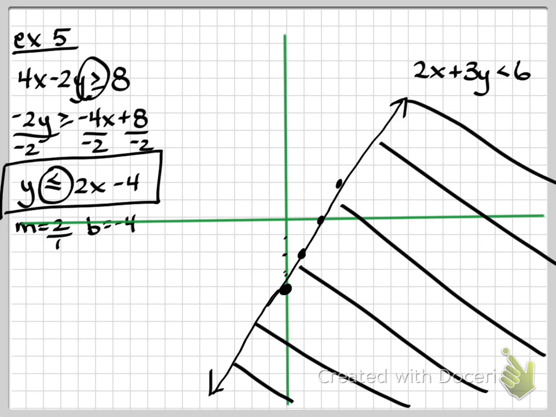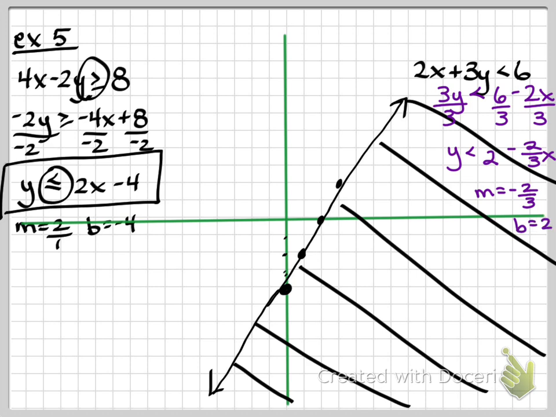Goodness. All right, on the second one, let's rearrange it and get the y by itself. So move the x over. Divide everything by 3. So I get y less than 2 minus 2/3 x. So m is -2/3. b is 2. Start out with your y-intercept at 2.